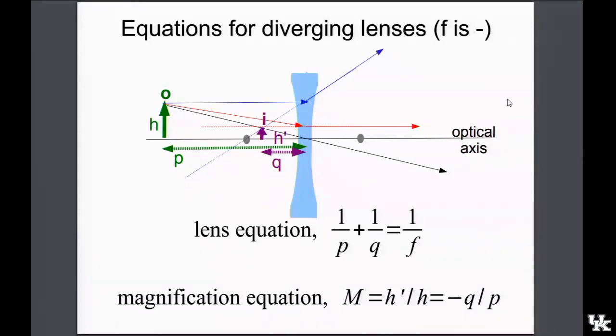And again, these two equations are exactly the same equations for the converging lens. And they're exactly the same equations as for the converging and diverging mirrors. We just got to be careful about, in this case, the lens has a negative focal length when we use it for a diverging lens.